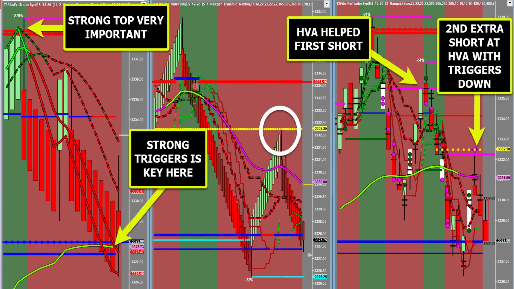Then, again, same thing. This is the same setup. So we had a strong top and we had our first short, right, from 33, 35, 50. And as the market's trading down, generally this is the point where most traders are going to stop. And again, it's one of those things that the experienced traders will take one more short, but they need something else to help.